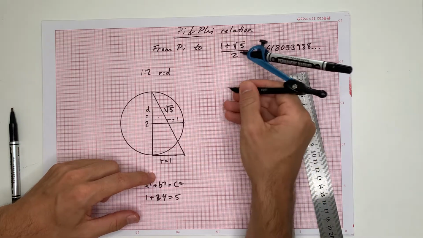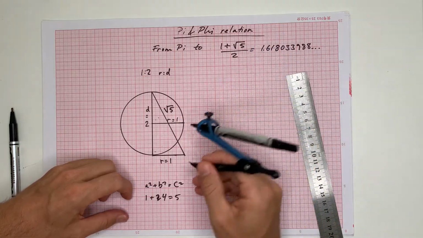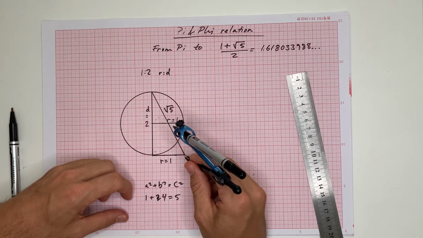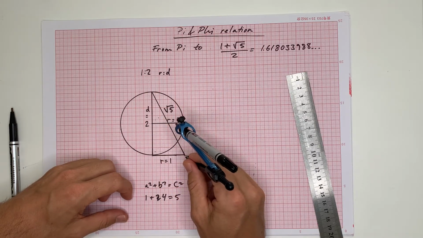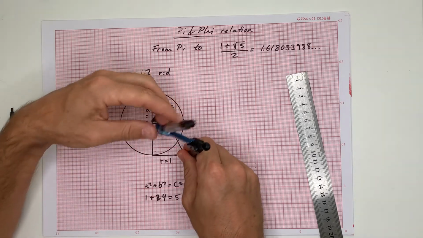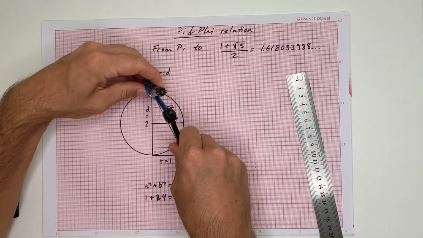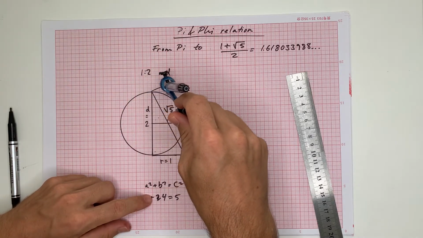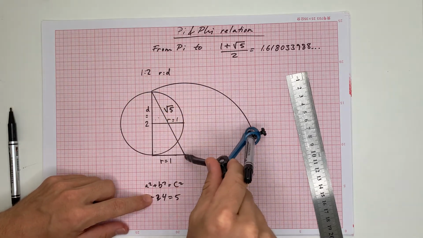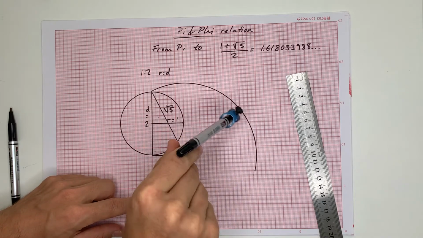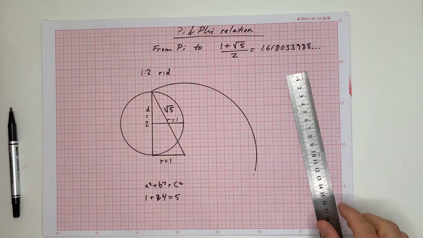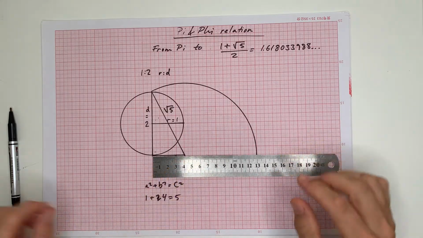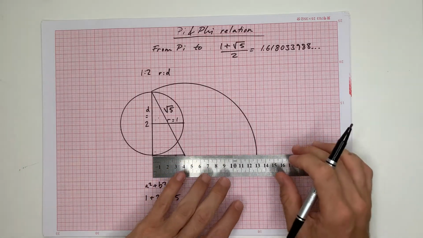So how do we arrive at this quadratic equation? You see, I put the needle at the end of the radius, which is 1. And here I have the length of root 5. So what I do, I draw an arc down so that it becomes perpendicular to the line of the radius.